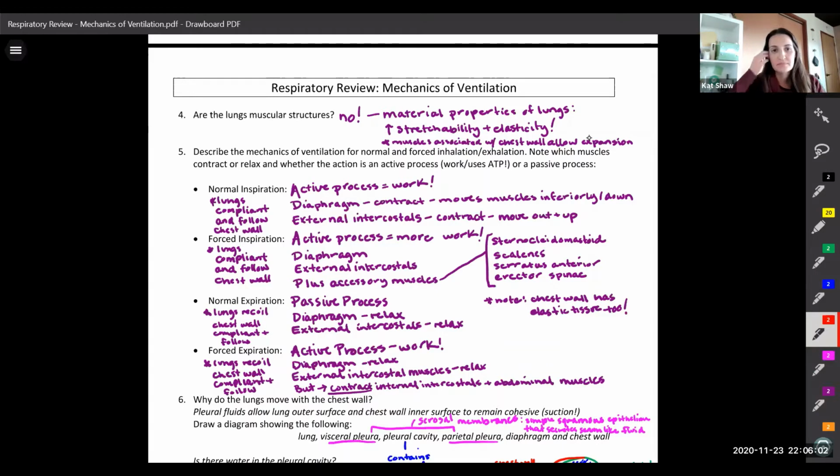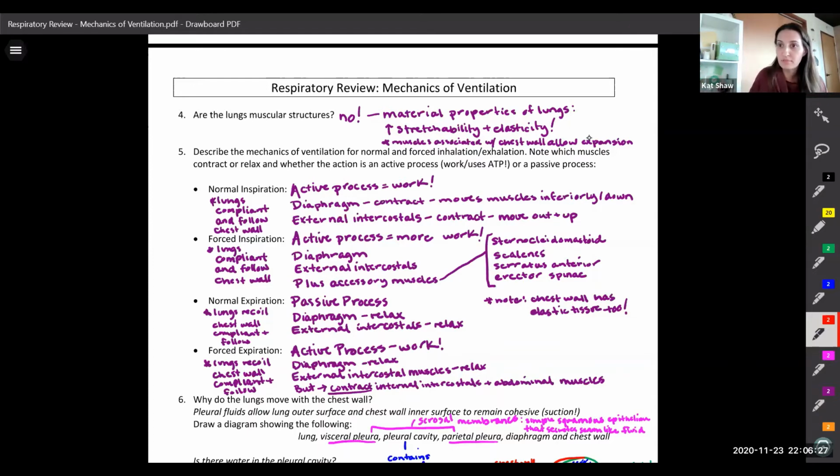Right. Now for inspiration, we have the opposite in terms of who's being compliant and who's following along. For inspiration, whether it's normal or forced, the chest wall is doing the expanding, right? The active expansion, and the lungs are being compliant and stretching along with the chest wall.